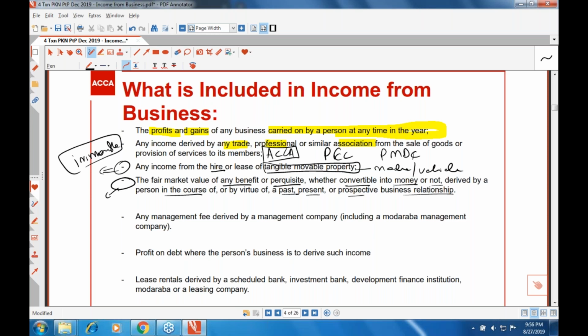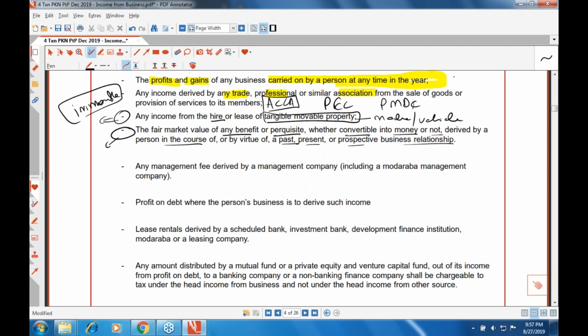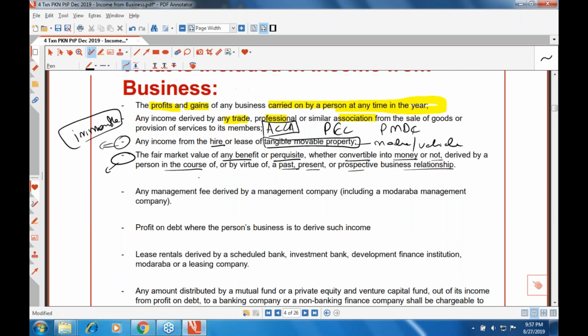And that company sends you around 8 to 10 trucks of rice. Now if they send you 8 to 10 trucks of rice without any cost, that is going to be considered as income from business, because of the business relationship between you and that company. So anything that you receive because of the past, present, or prospective business relationship is also going to be considered as income from business.